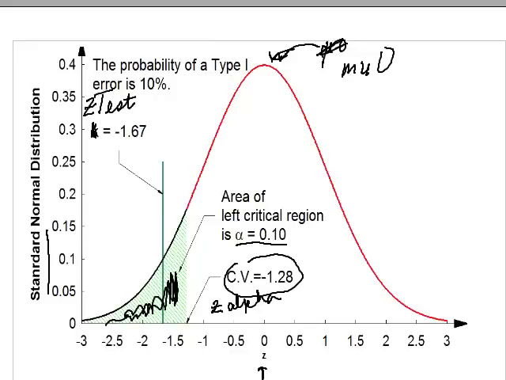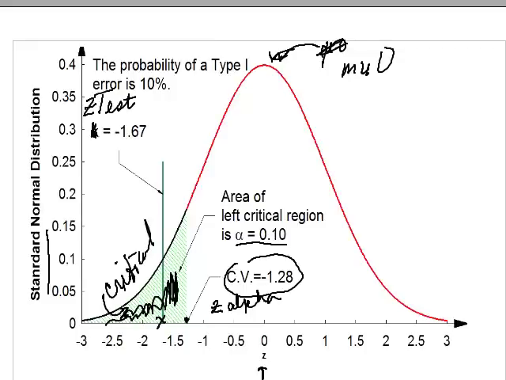So now we know the edge of this. The z-test gives us another point here. And the idea in hypothesis testing is that if this z-value is located in this critical region, which is shaded, then the null hypothesis is rejected.